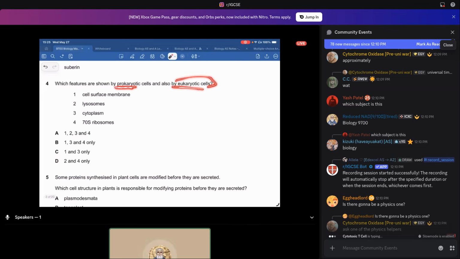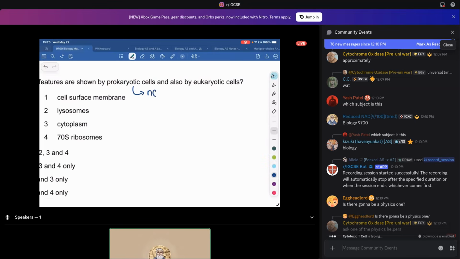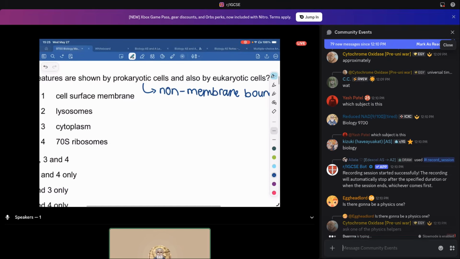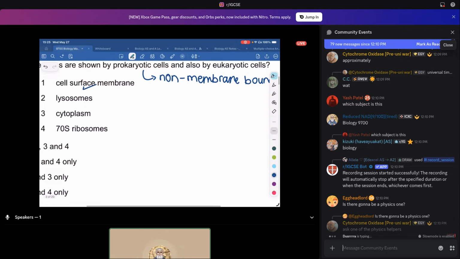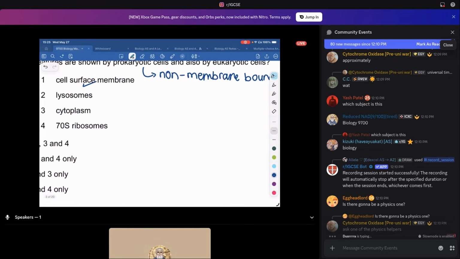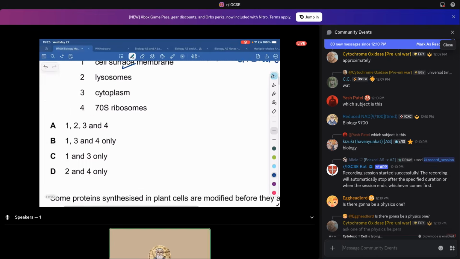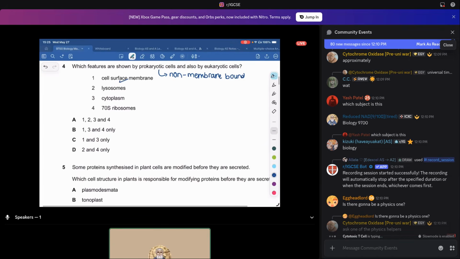Which features are shown by prokaryotic cells and also by eukaryotic cells? Anything that's shown by prokaryotic means it is non-membrane bound. Cell surface membrane, obviously, all cells have a cell surface membrane. It's what separates the cell from the environment around, otherwise it's just a pile of mush. So any option that does not have one is automatically wrong.